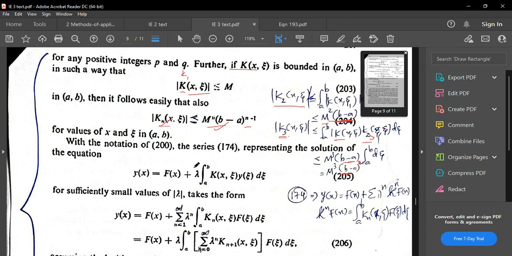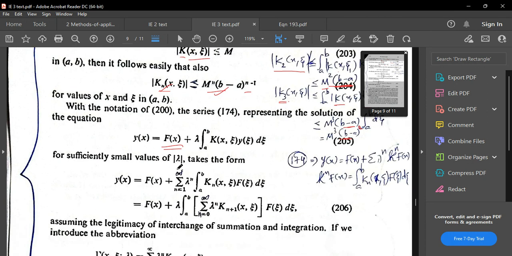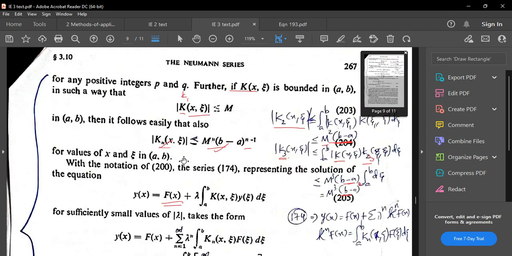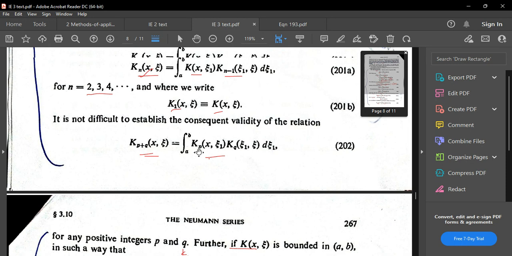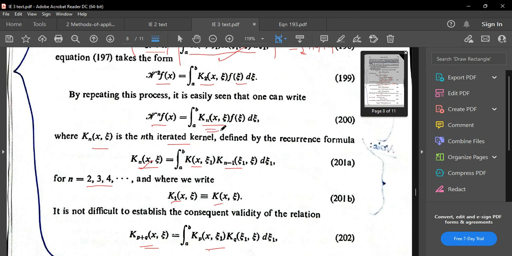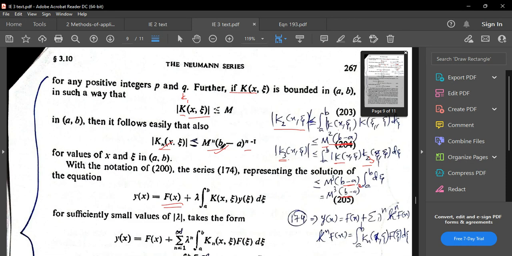So what will we get? Yes, this is our integral equation, and the solution of the integral equation with the notation of equation 200. With this notation, what will we get?